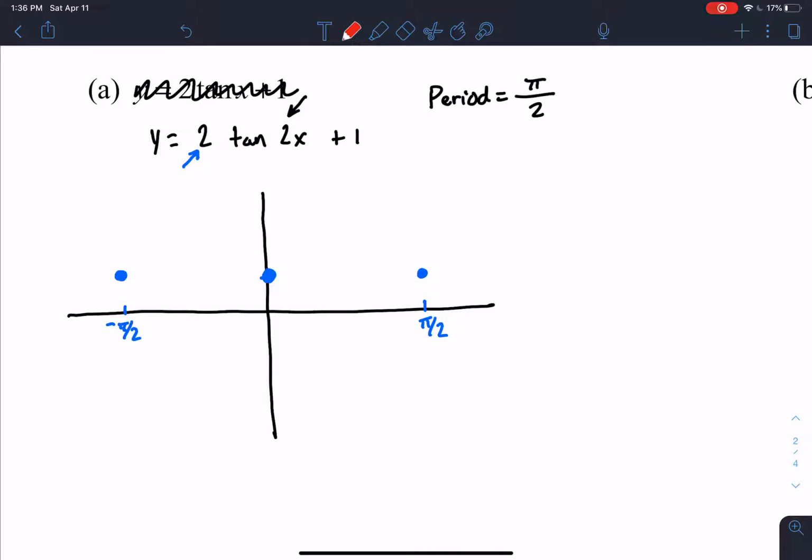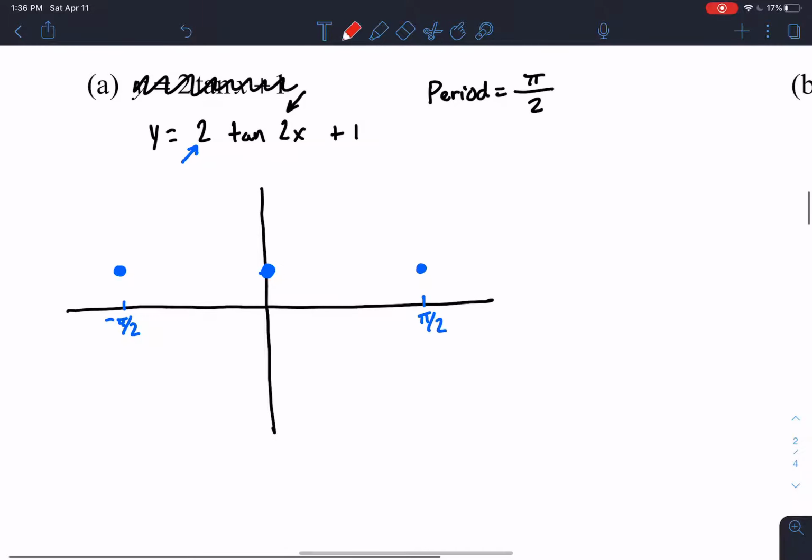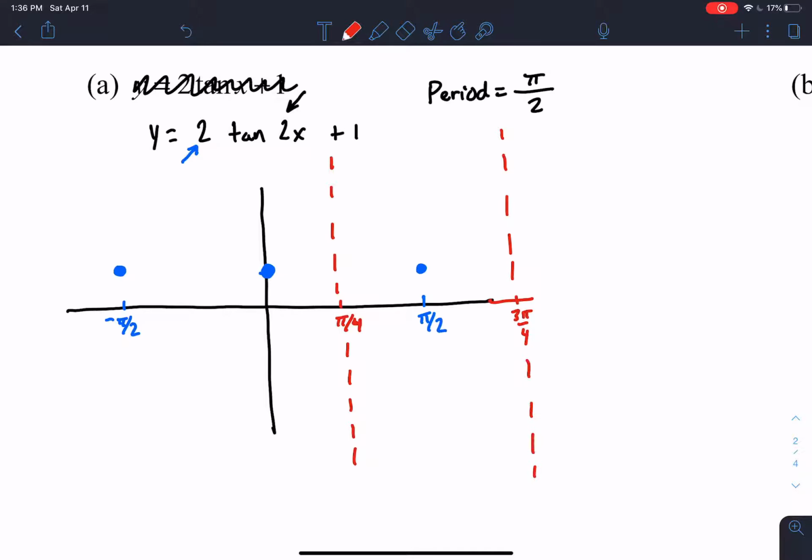Now, where do you put your asymptotes? Now, your asymptotes are going to be in the middle of those 2 points, all right? So that's pi over 4, okay? So put an asymptote there. And then 1 period away from pi over 4 is going to be 3 pi over 4. So I'll put that like here. Okay, then we got negative pi over 4.